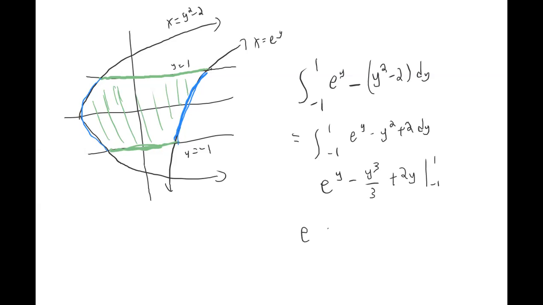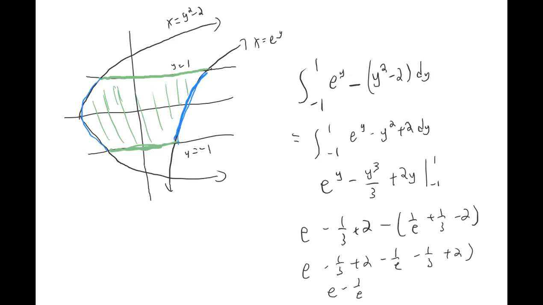So that's e minus a third plus 2 minus 1 over e plus a third minus 2. So what is that? That's e minus 1 over e, 2 plus 2 is 4 minus 10 over 3, I think. Yeah, so this is your answer.